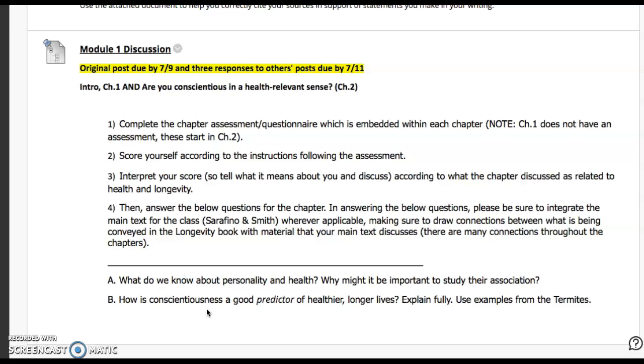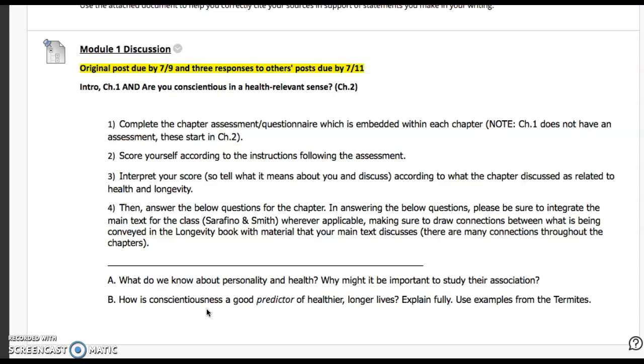You're going to get to know what they were like, and how they were will show you how it relates to how healthy they were. So if they were aggressive, or conscientious, or not very studious, how did that affect them in their health and their life choices?